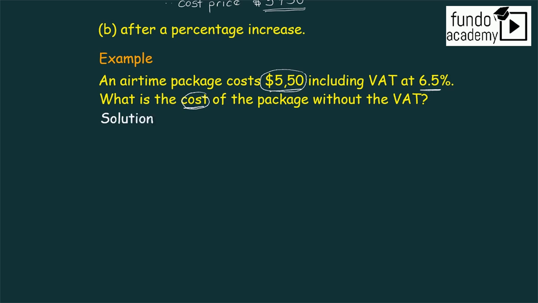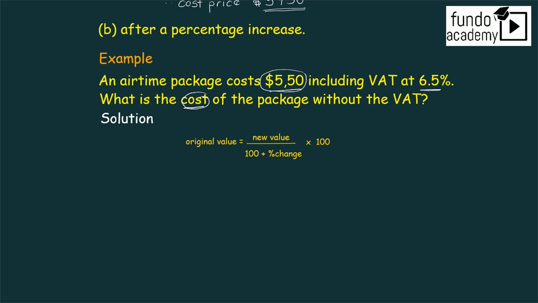So on our solution, the original value after a percentage increase is new value divided by 100 plus the percentage change, right? Okay, so that is our formula for finding the original value after a percentage increase.